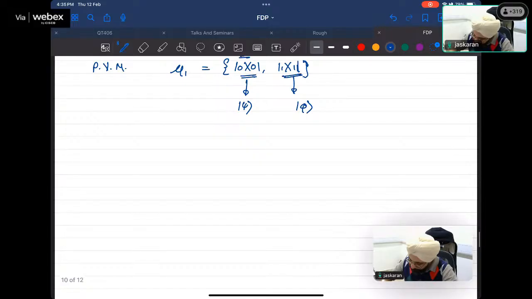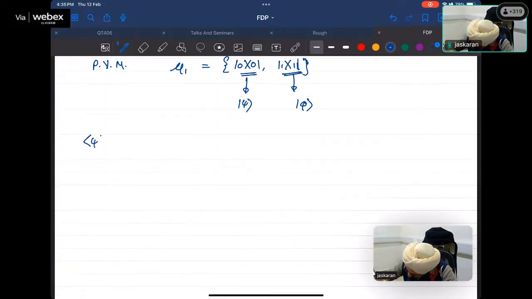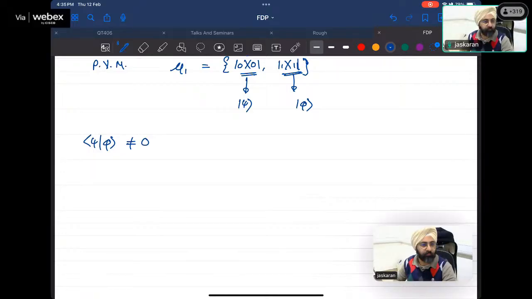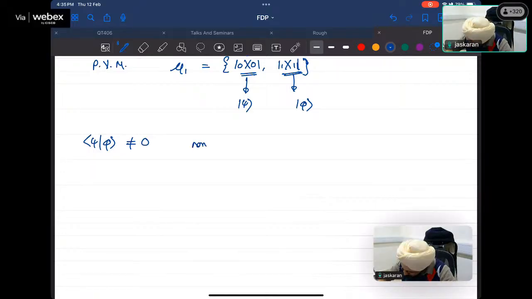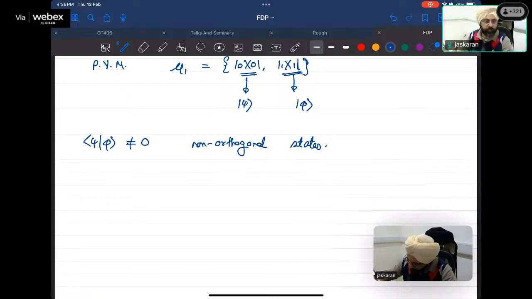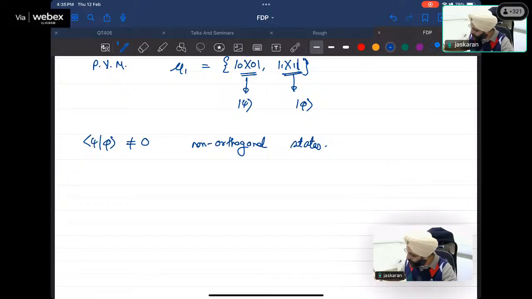But what happens if |ψ⟩ and |φ⟩ are not orthogonal? So they are non-orthogonal states, and I want to distinguish between these two quantum states. How can I do that? The way to do that is now slightly trickier.